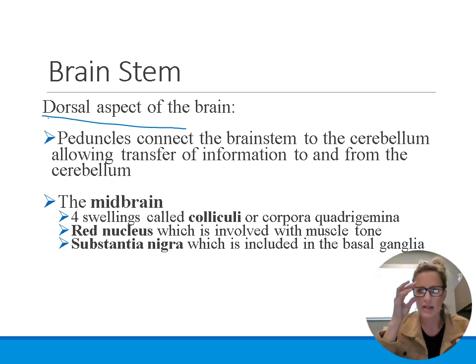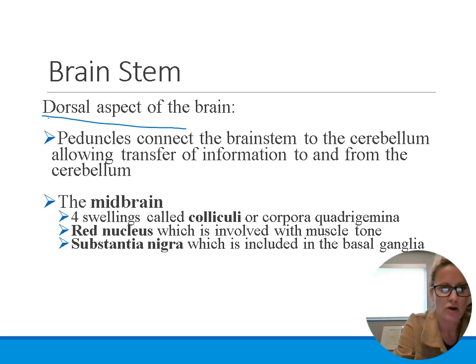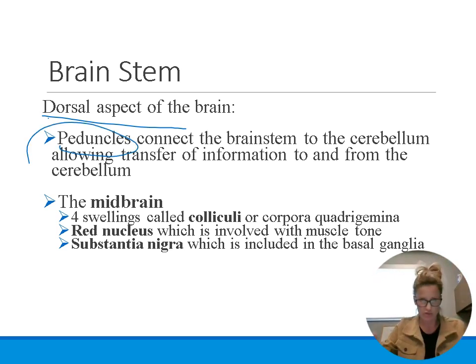On the dorsal aspect of the brainstem, there are peduncles, which remember are like tracts of white matter that connect the brainstem to the cerebellum. And this allows for information to be sent to and from the cerebellum.